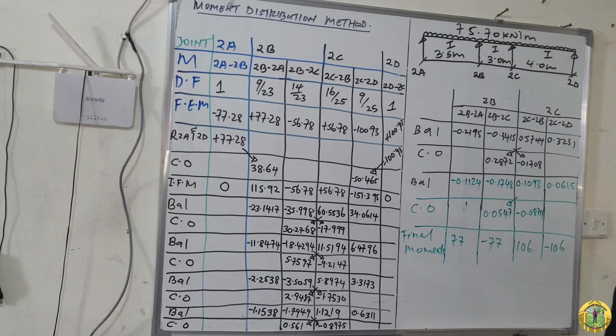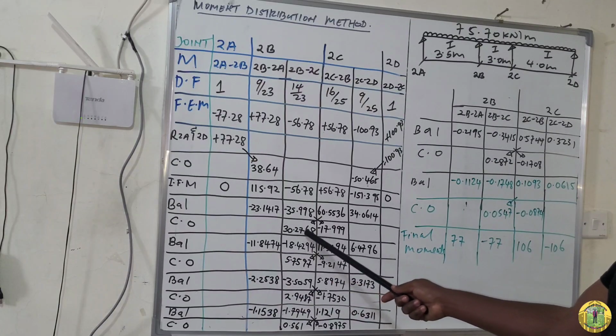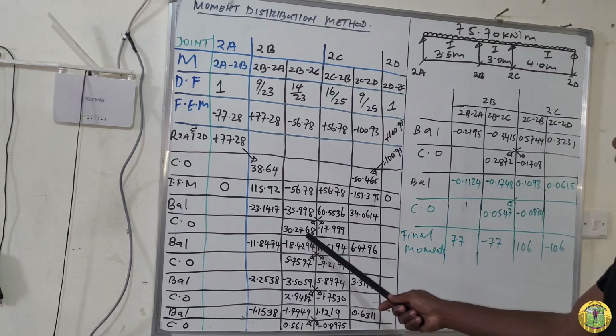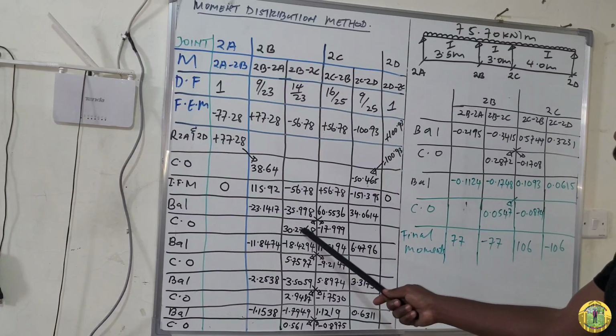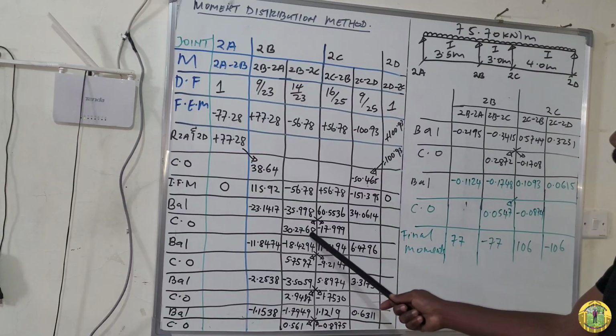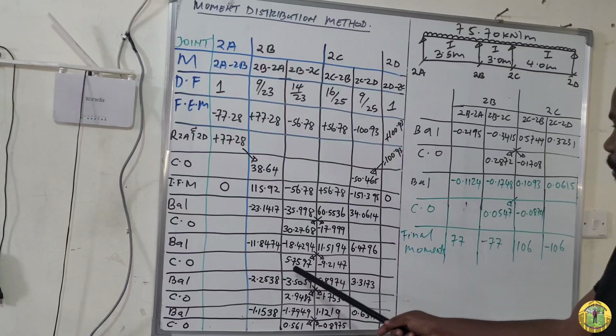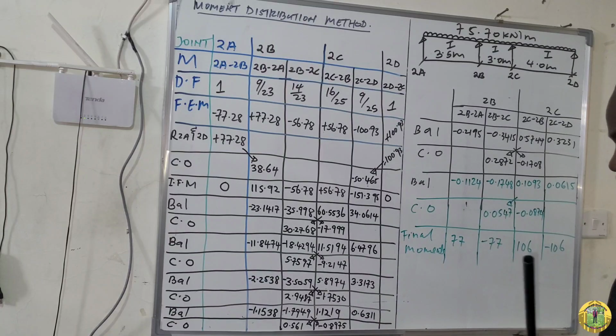To balance, take the opposite of 30.2768. This is positive, so it becomes negative 30.2768. Multiply that negative 30.2768 by the distribution factor for each member. For example, negative 30.2768 times 9 over 23.